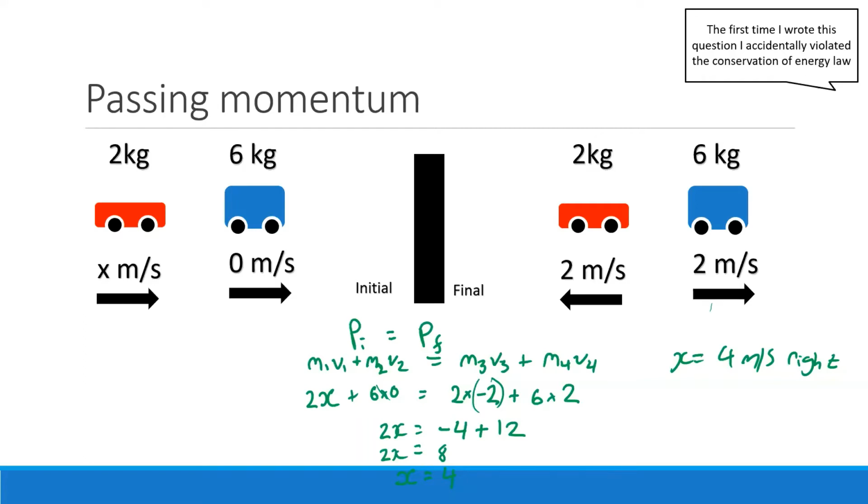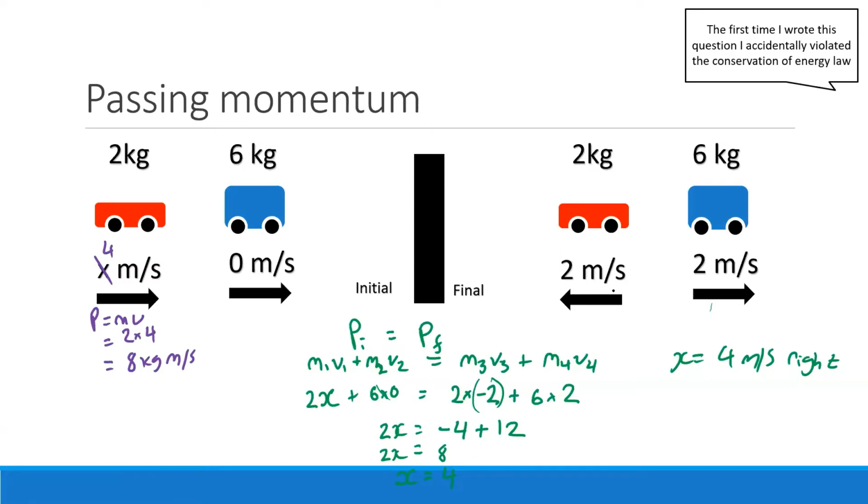I want to look at this from a different lens, a different perspective. What I'm going to do is switch to purple because I want to use a different color. We know x now. We know that's going to be 4. So let's look at this. P equals mv equals 2 times 4, which is going to be 8 kilogram meters per second.